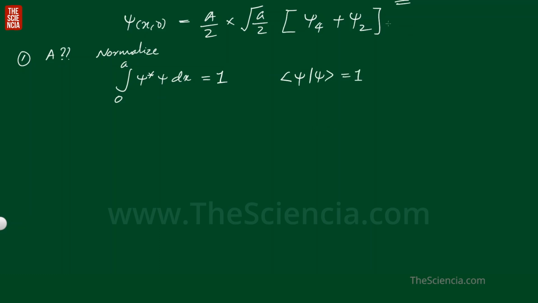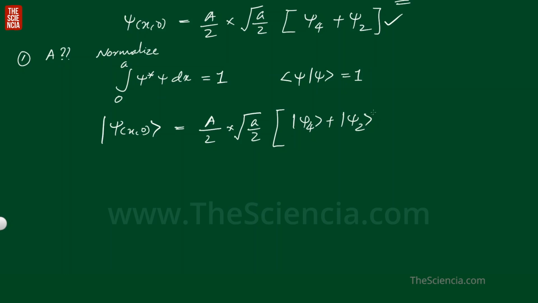Okay. Now we can write this expression, the wave function, in the Dirac notation. That is, ket x0 is equal to a by 2 into root of a by 2 into ket psi 4 plus ket psi 2.